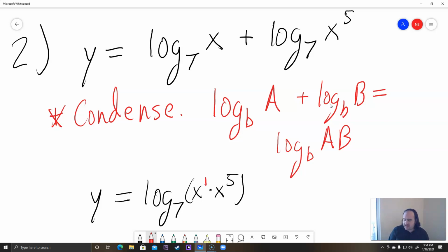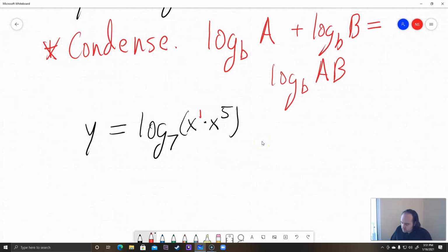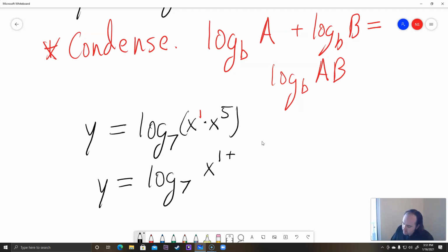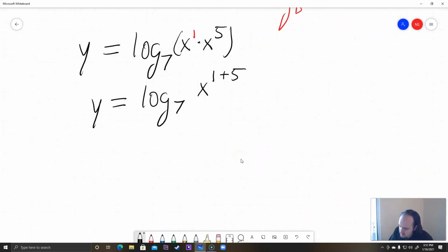So this is x to the 1 times x to the 5, so that's x to the 1 plus 5. So we have y equals log base 7 of x to the 1 plus 5, which is actually x to the 6. So we have y equals log base 7 of x to the 6.